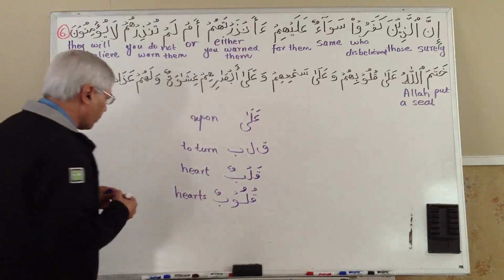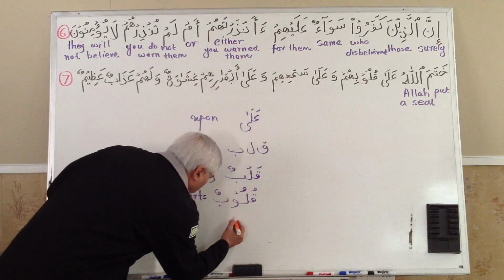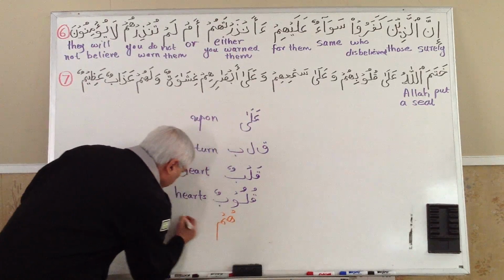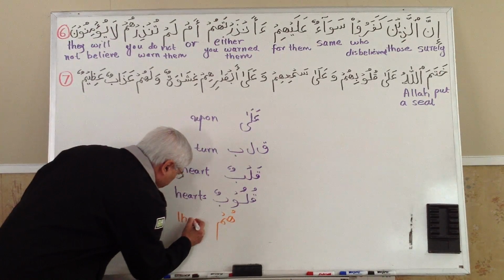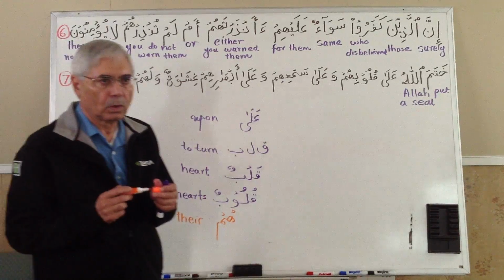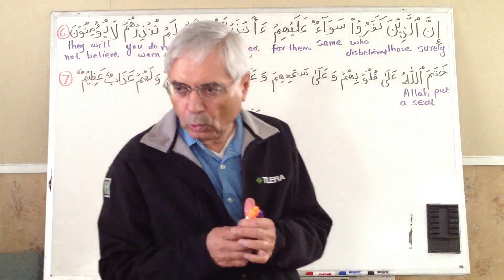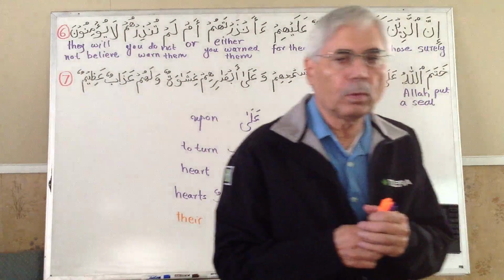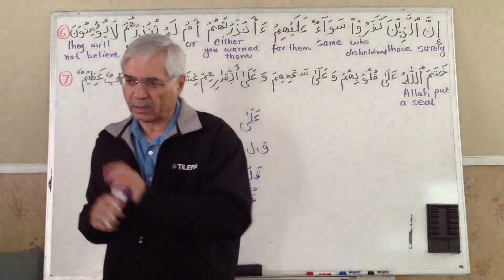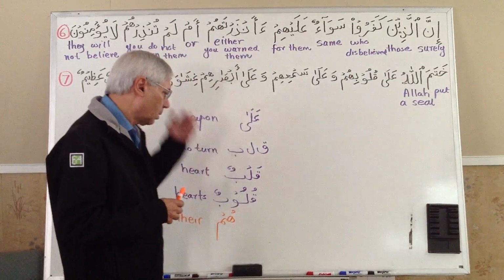And hum means their or them. So we have 2 words now. Qulubun means hearts, and hum means their.